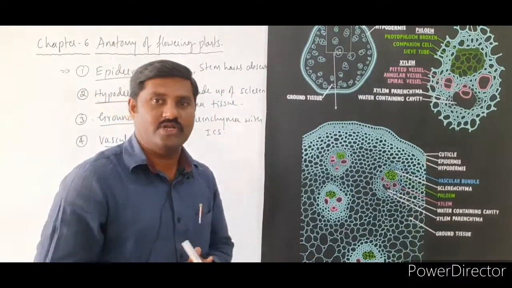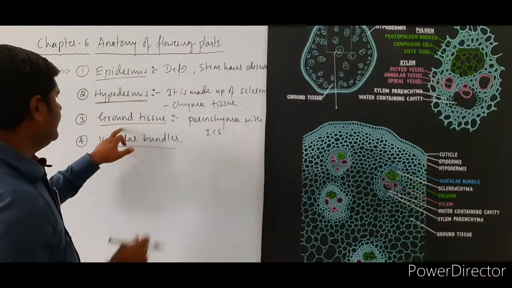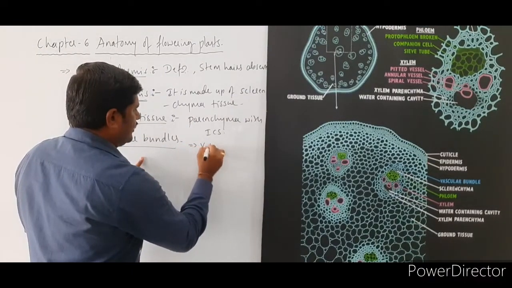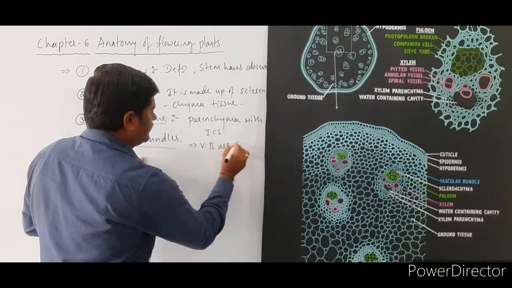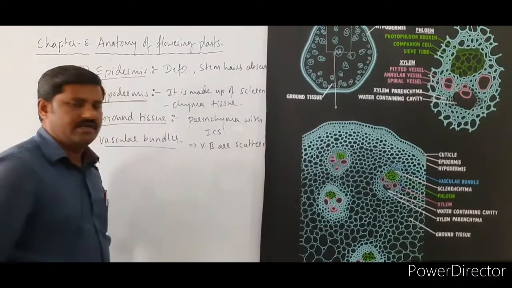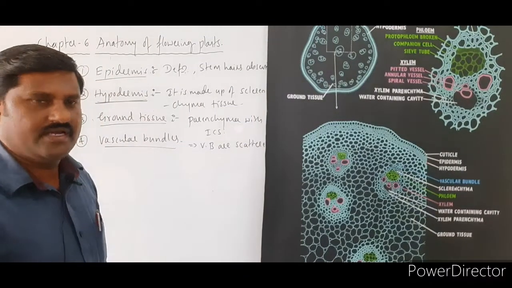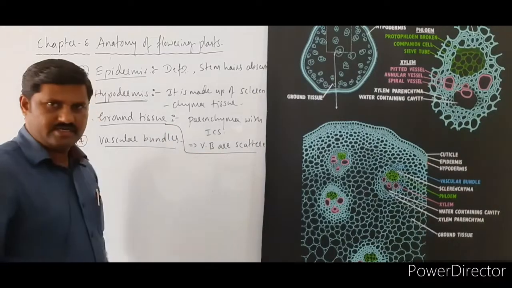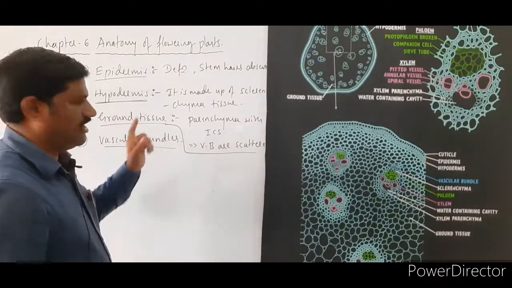So that is more important thing. So here in the ground tissue, vascular bundles are scattered. Okay, this is about the ground tissue.